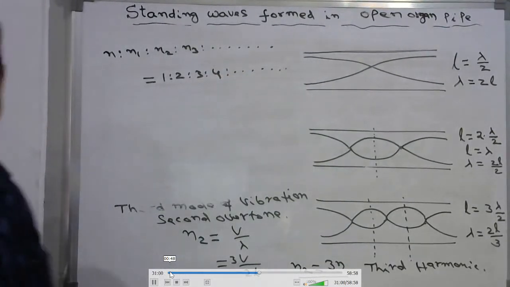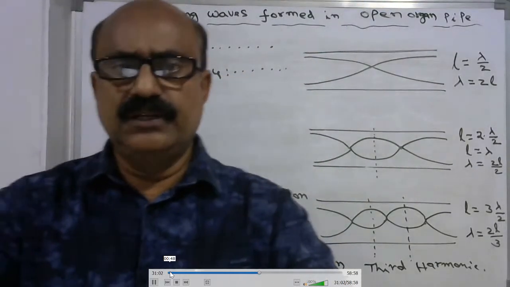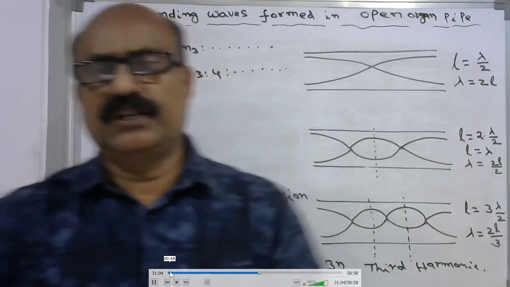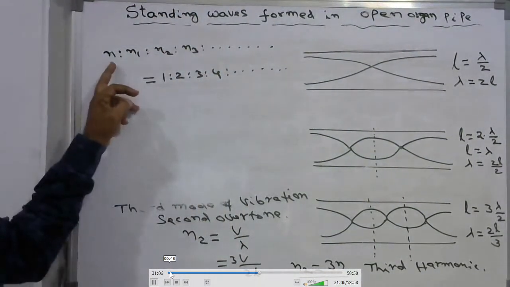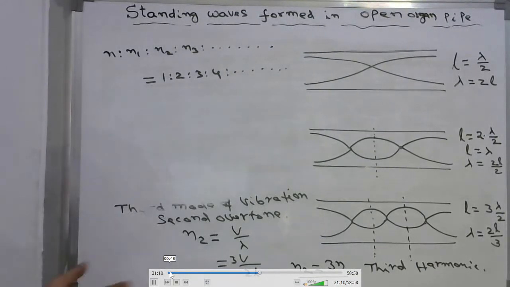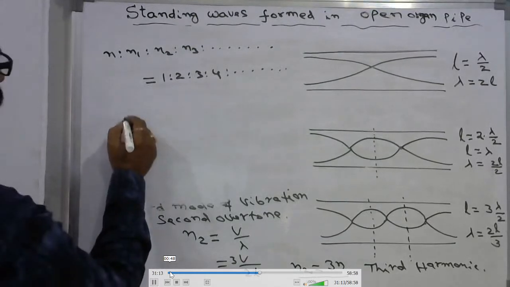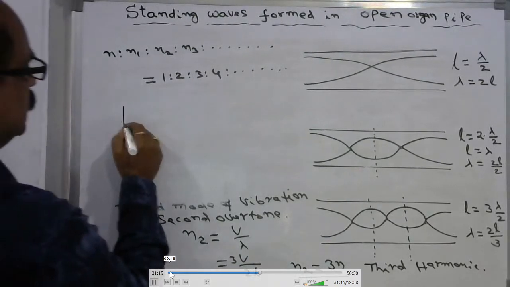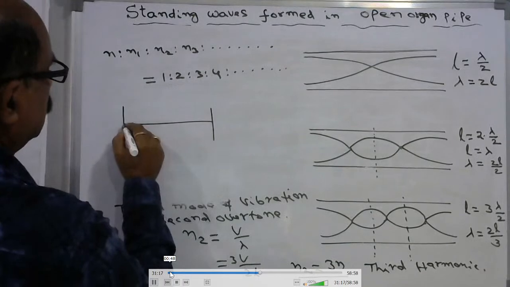So all integral multiples of the harmonics are available in the case of the open organ pipe. This is similar to that of a stretched string.